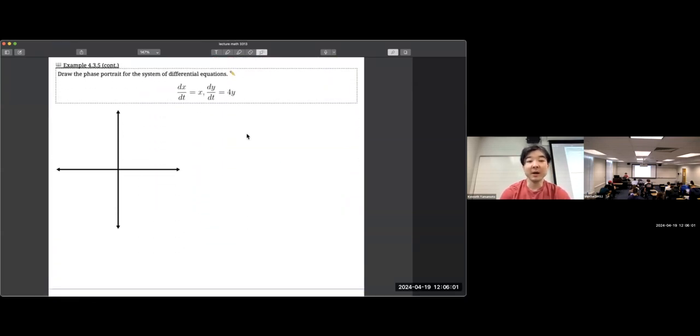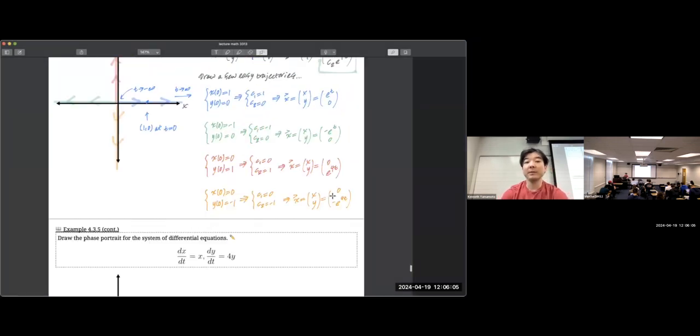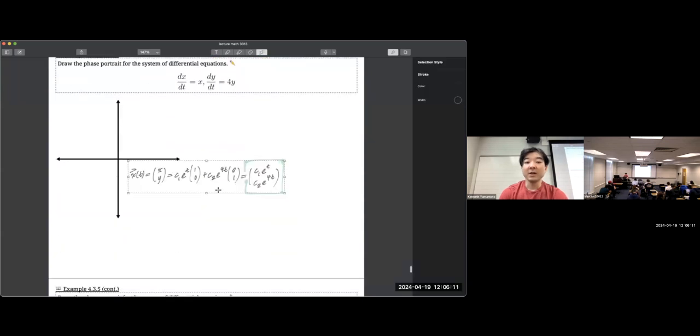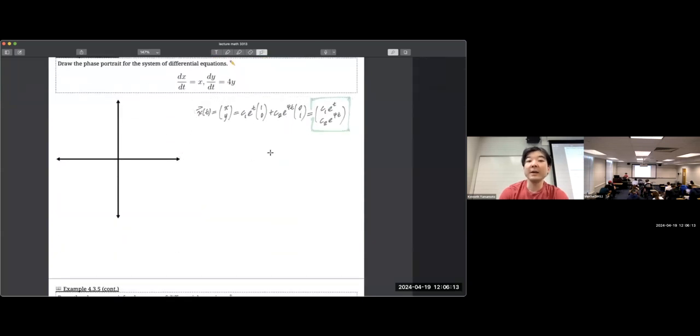Because that page is kind of cluttered, I'm going to do a new page. This solution is still the same, so I'll just copy and paste this. But now this is the general solution. We want to actually try some trajectories.